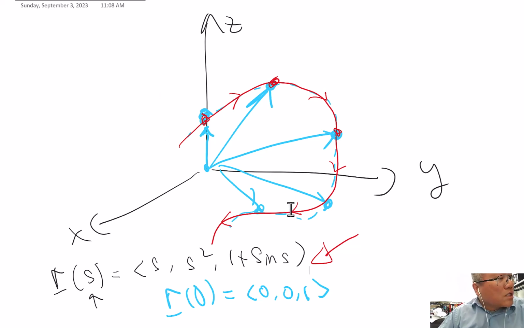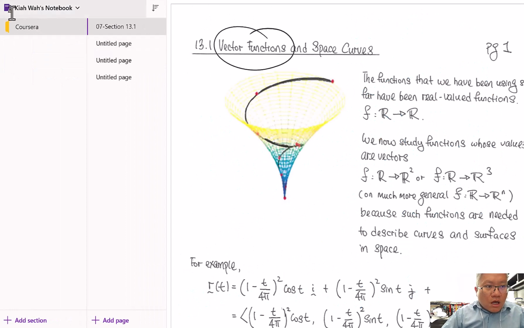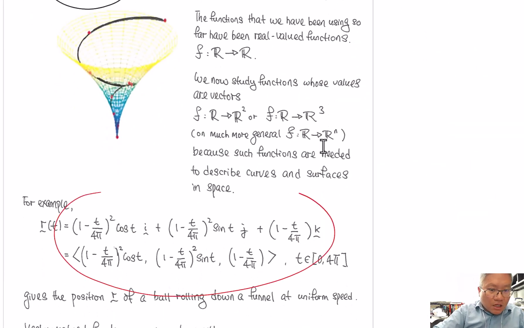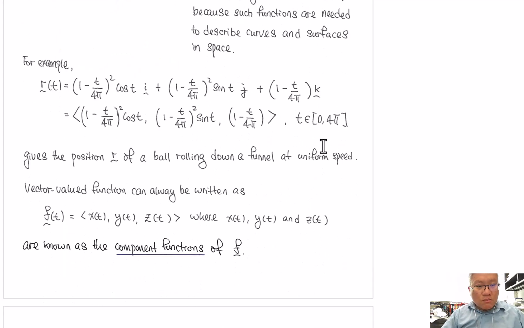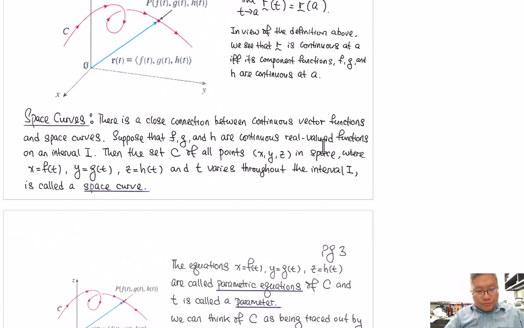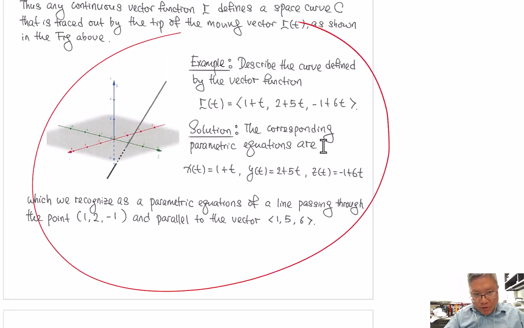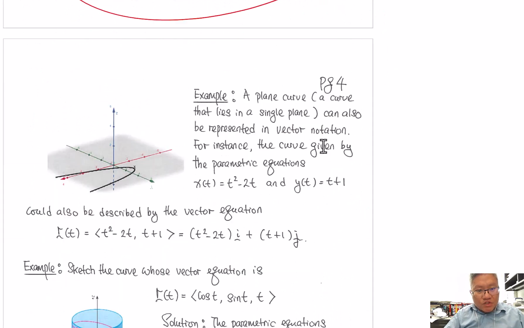Let's start with something a little bit more straightforward. In your notes, they started with an example which is complicated. You don't really know how to sketch this unless you're using a computer system. But we have this example, as already mentioned, an example of a space curve.